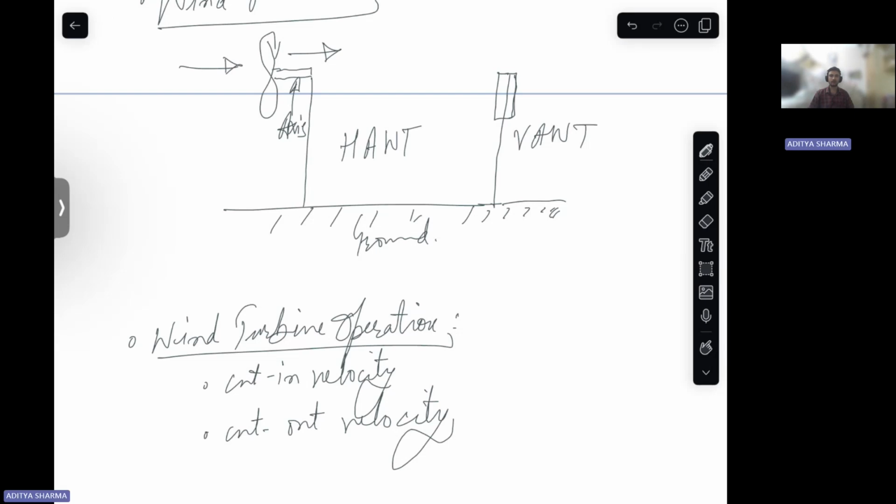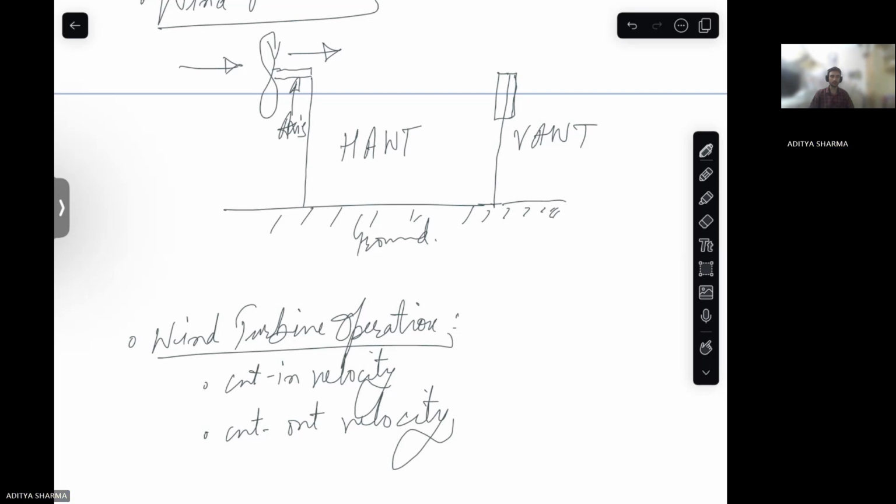That is why the cut-in velocity is specified for a particular wind turbine, and your wind speed must be at least this velocity. Only then we run the wind turbine. And cut-out velocity is the maximum velocity beyond which we don't want to go.